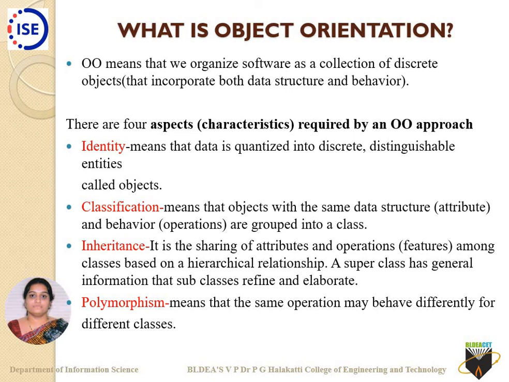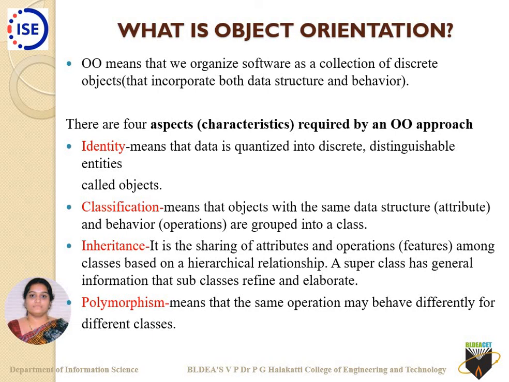In the same way is inheritance as an approach. Inheritance says that whatever common behaviors, attributes and operations there are, those are declared in a superclass, whereas whatever can be refined further and extracted from them is declared in the subclasses. So this is inheritance. And the last one is polymorphism.